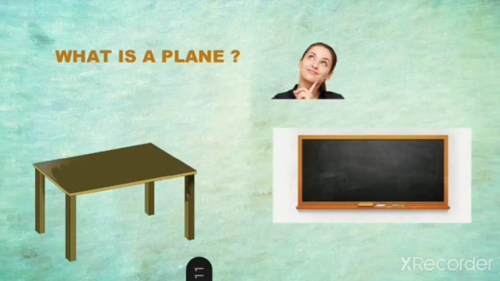Now what is a plane? Yes, you can see two pictures here. The first picture is of a table. A table has a flat surface at the top. And the second picture shows the blackboard. A blackboard also has a flat surface.